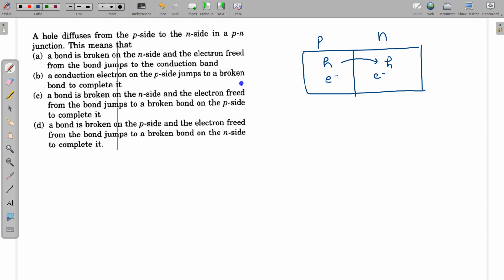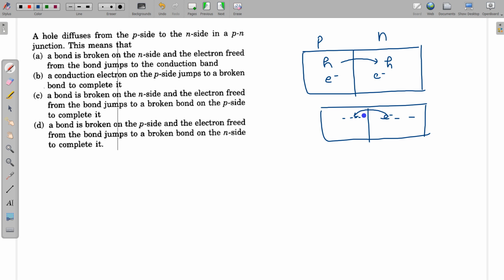And which broken bond? It is not saying that. A bond is broken on the n side. So in option C, there are some bonds here and one of the bonds is broken, so an electron is freed. The electron freed from the bond jumps to a broken bond on the p side to complete it. So here we have a broken bond, the electron jumps and fills this.